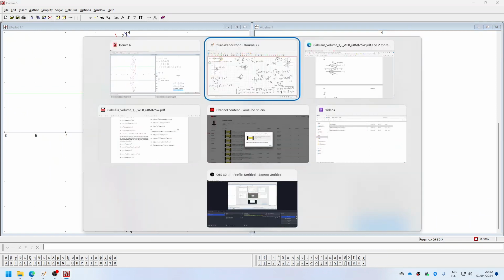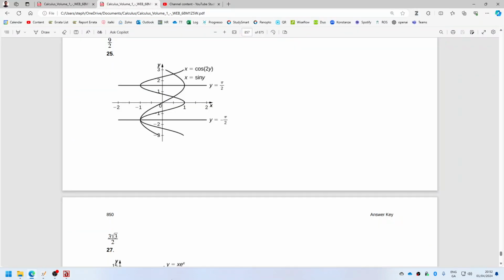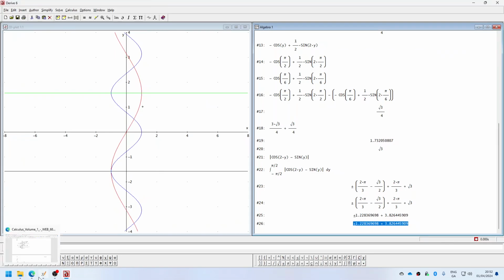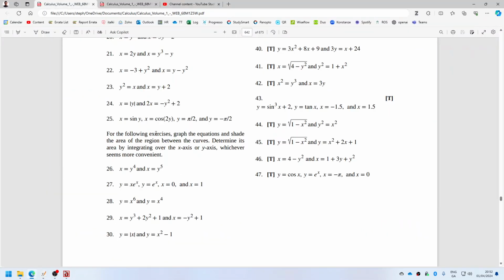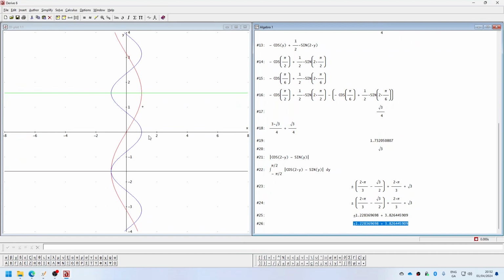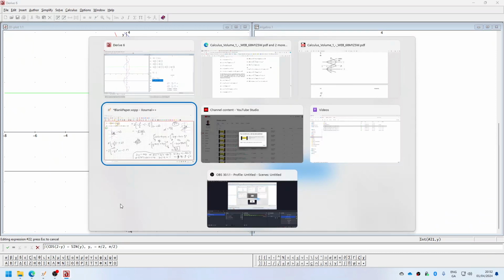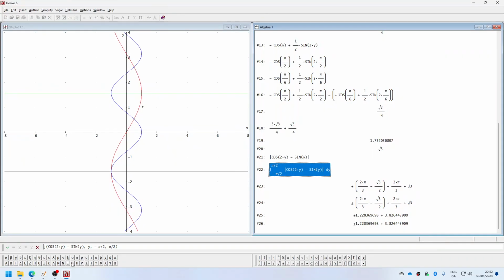Very strange, this question is. Root 3. Okay, let's get rid of this here. Okay, so let's do cos minus sine from minus pi over 2 to pi over 6.